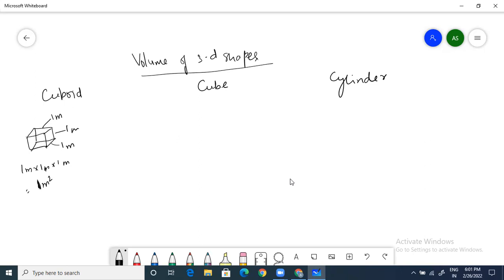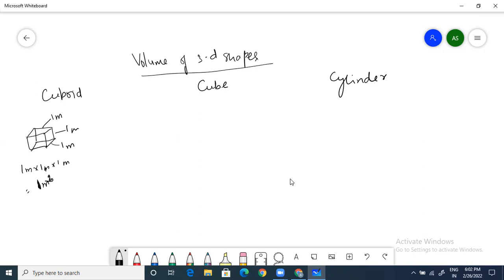Right? So it is not a square in this case because we are multiplying it 3 times. Area, we are multiplying 2 times, I mean length into breadth or pi r square, whatever we studied, right? In this case, it will always be in cubes. So that is why the basic unit we take in case of volume is meter cube. Okay, that is very important.